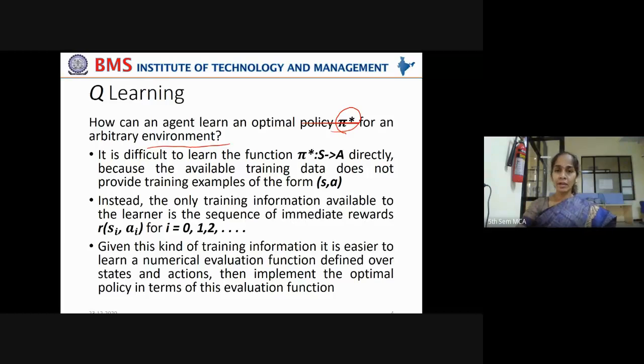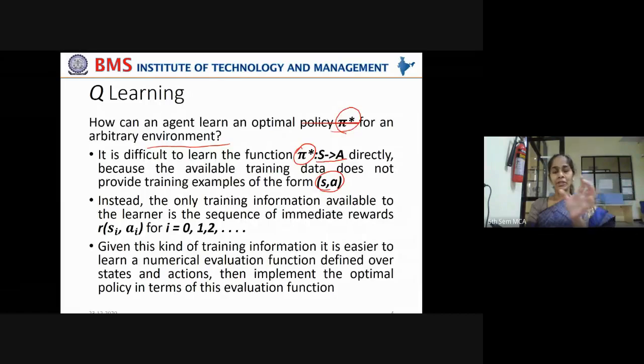So it is difficult to learn the function pi star, that is the optimal control policy, from the set of states to the set of actions directly, because the available training data does not provide training examples of the form (S, A). Do you have training examples like in supervised learning? In supervised learning, you have a set of attributes and its target label.